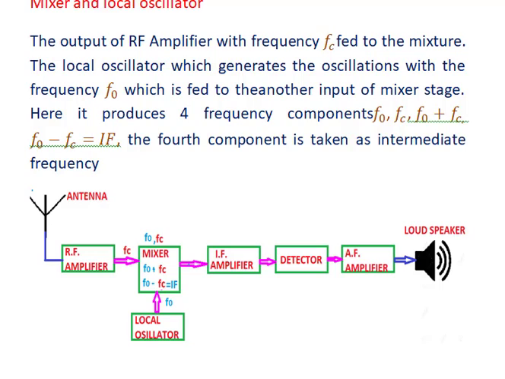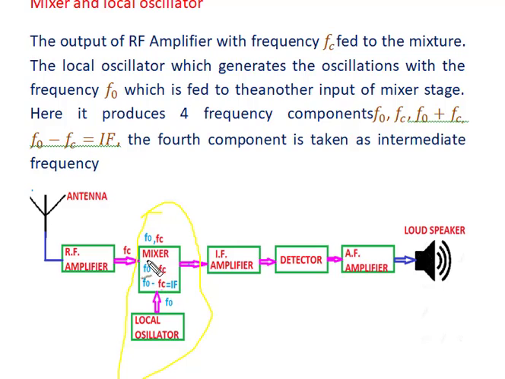The next stage is the mixer and local oscillator. The output of the radio frequency amplifier, whose frequency is Fc, is fed to the mixer. The local oscillator is a separate oscillator which generates oscillations with the frequency F0, which is fed to the other input of the mixer stage.